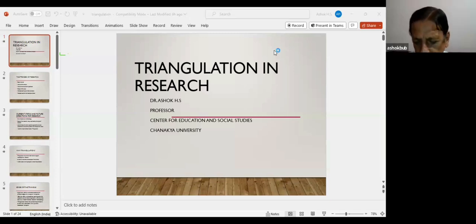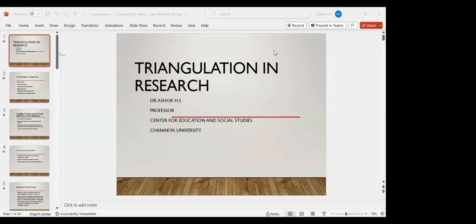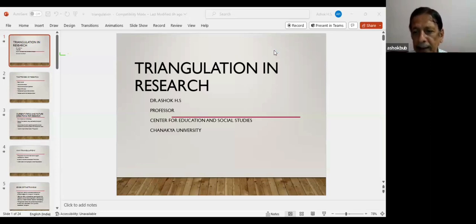So if you start with, let us say, quantitative research, there are certain formulas, certain ways in which you determine the sample size. In qualitative research, depending upon the research objective, if it is a case study, how many cases you should take; if it is a focus group discussion, how many focus groups you should take.